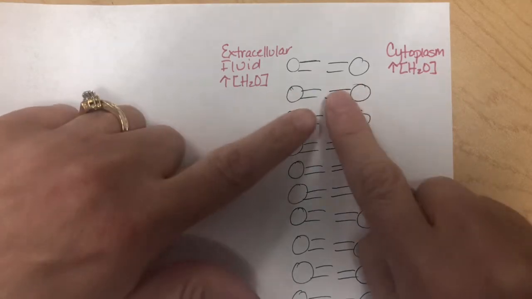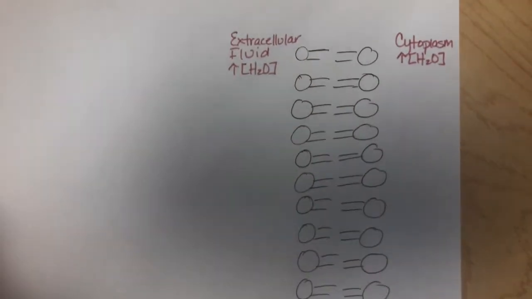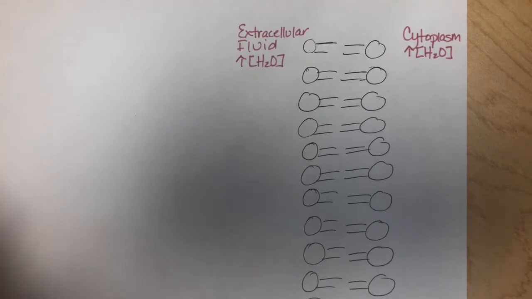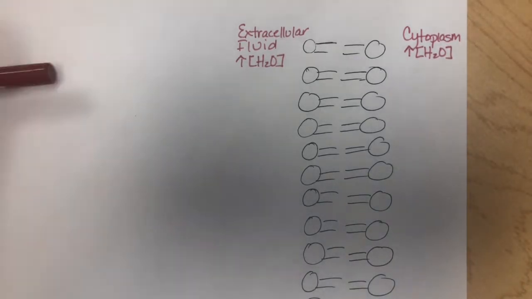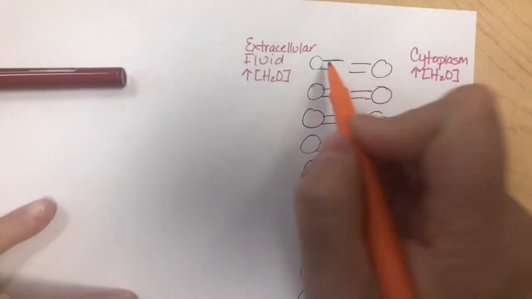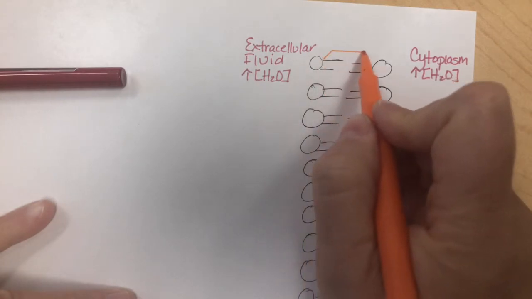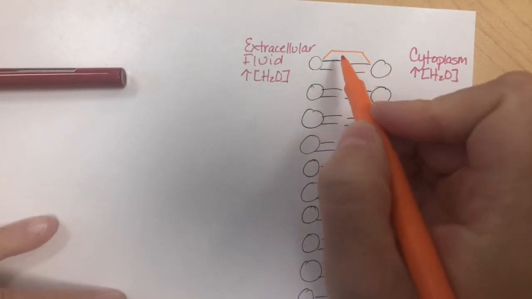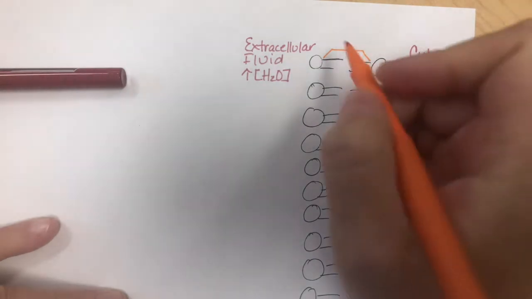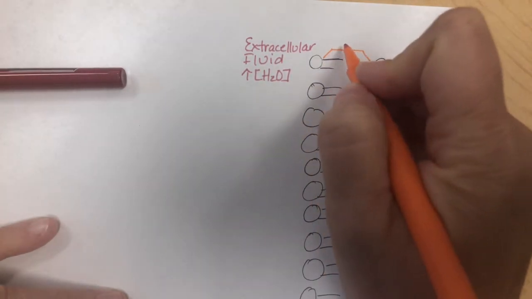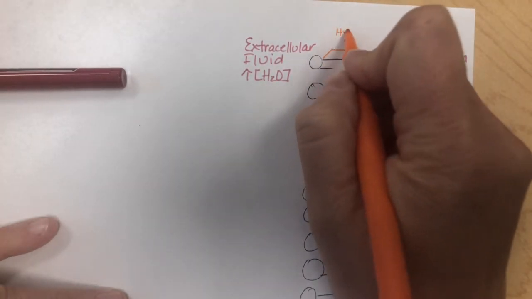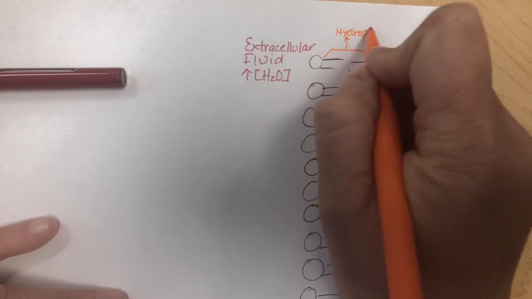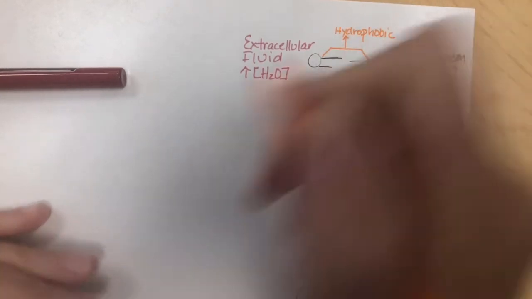So the lipid bilayer is formed the way it is because of the water concentrations inside and outside the cell, and also because of the chemical nature of the two parts of the phospholipid. This part right here, what are called the tails, are these hydrophobic or hydrophilic? Hopefully in your head you said that these are hydrophobic. They're going away from the water.